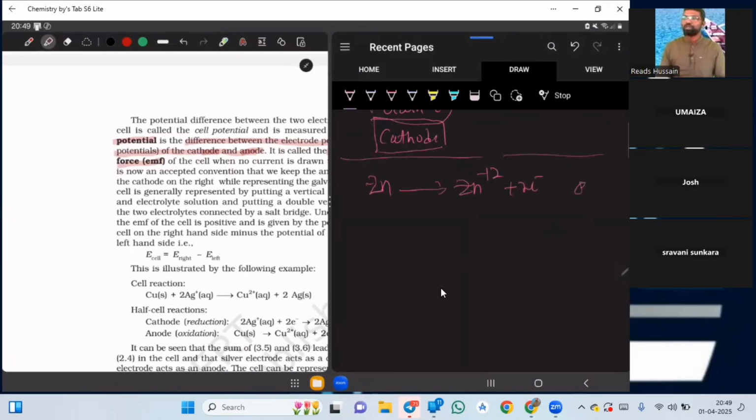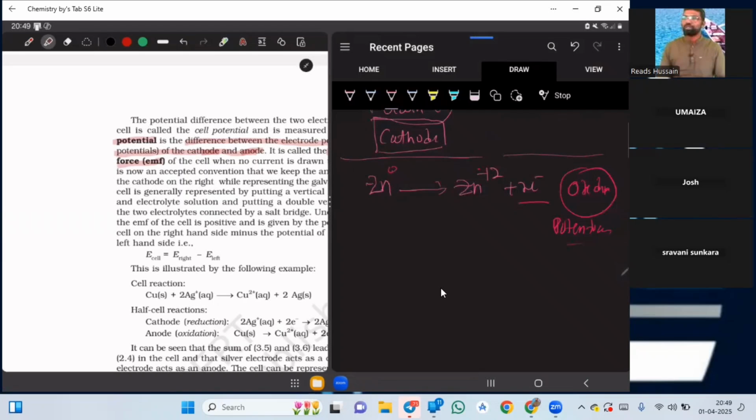So this is oxidation. Since zinc is undergoing oxidation, it is called oxidation potential. Zinc has which potential? Oxidation potential. Why oxidation potential? It is losing electrons and its oxidation state increases from 0 to plus 2.